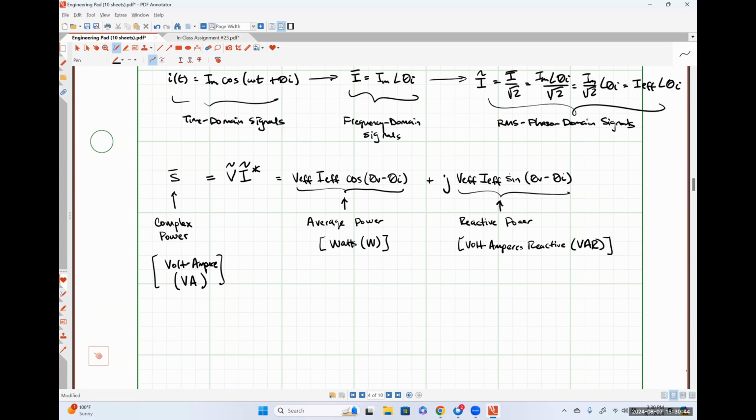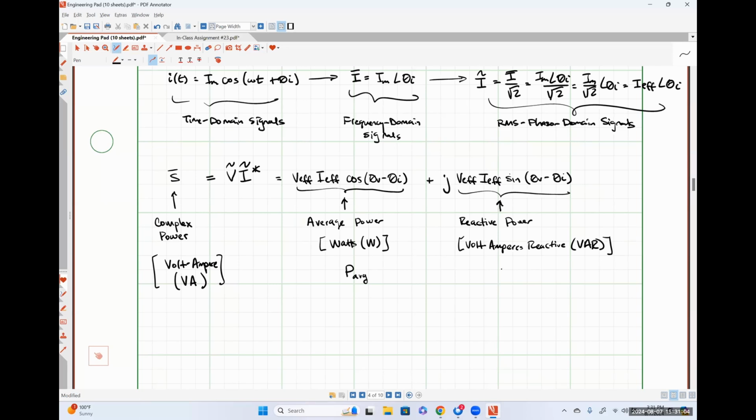So average power is symbolized by P, and then we may typically put a little AVG under it to remind us that it's average power. But our average power is the real part of complex power.